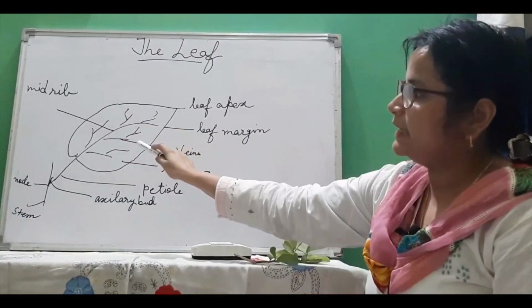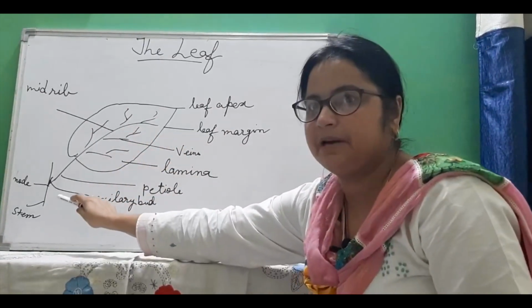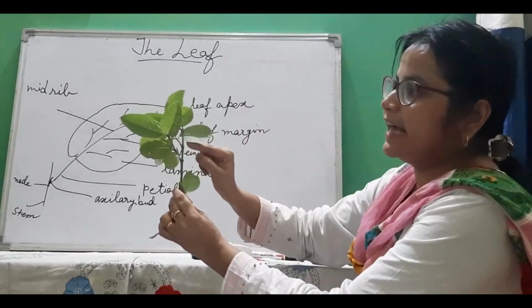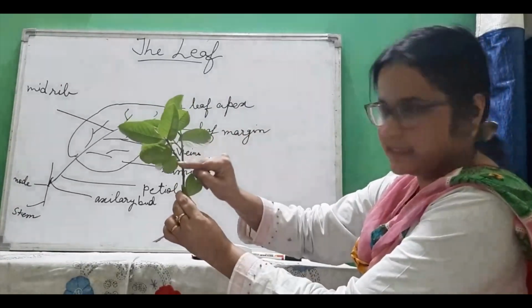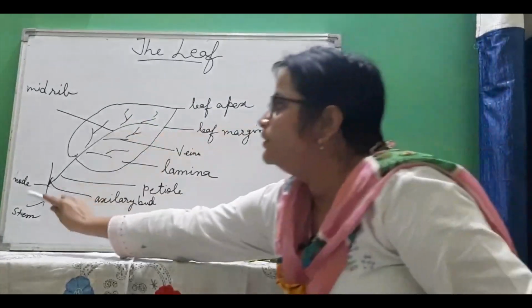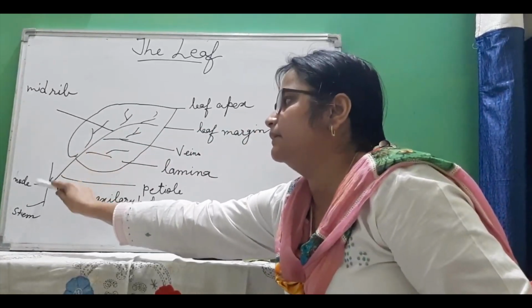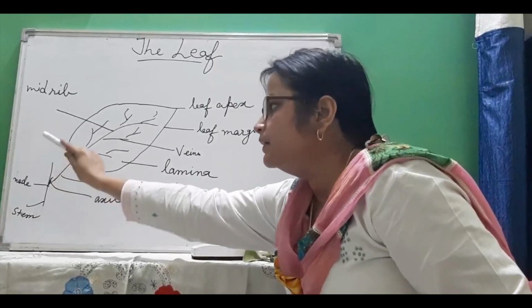This leaf is attached to the stem of the plant, and the position at which the leaf is attached to the stem is known as node.